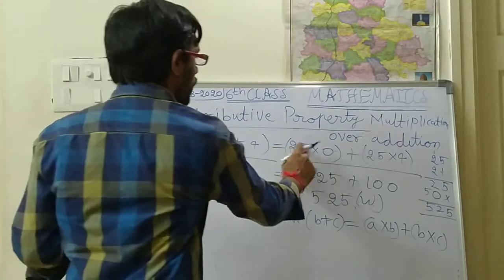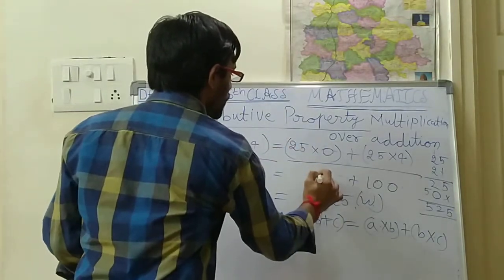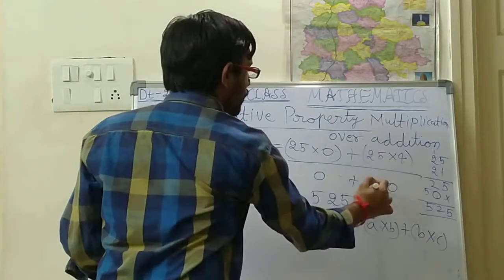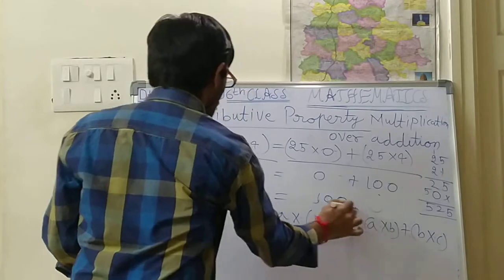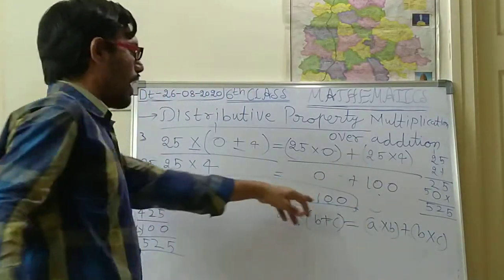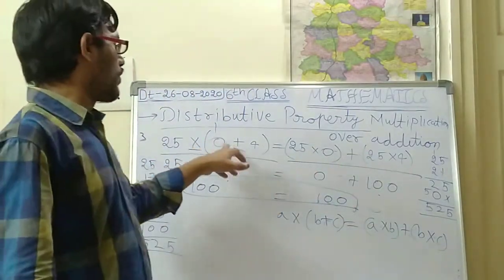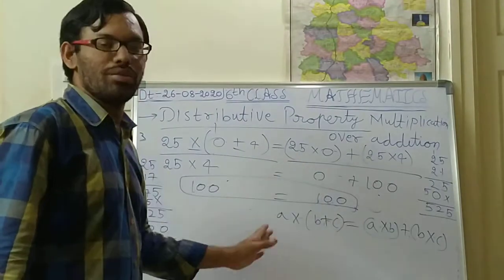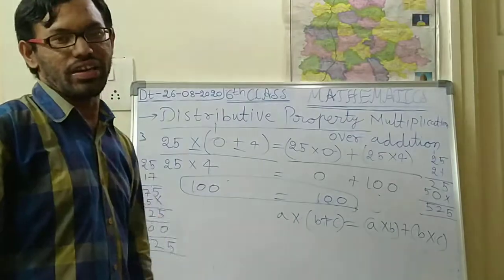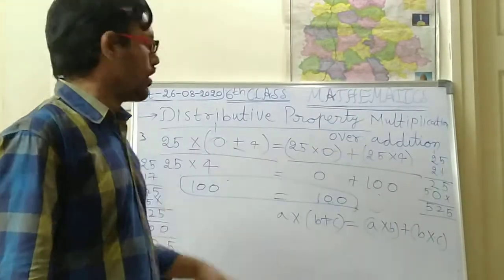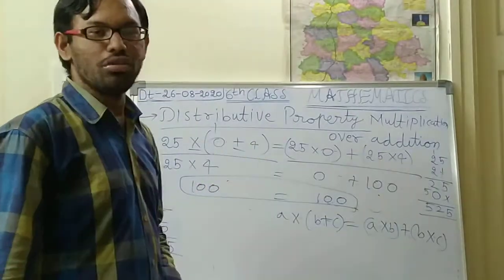Now 25 into 0 is 0, plus 25 into 4 is 100, so 0 plus 100 is 100. So 100 and 100 are both equal and both are whole numbers. So if you take 0 also, the numbers satisfy the distributive property of multiplication over addition. Okay, so this is about the distributive property.